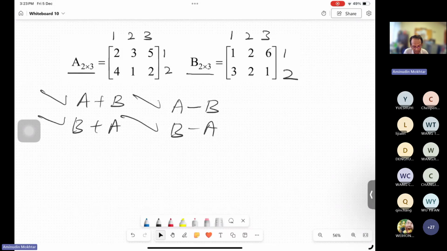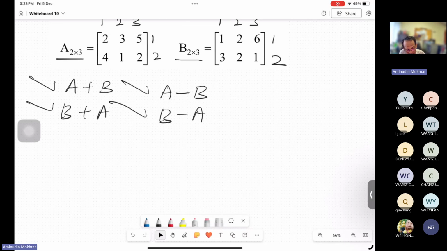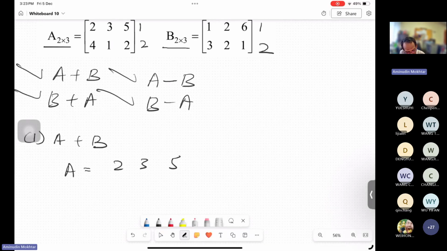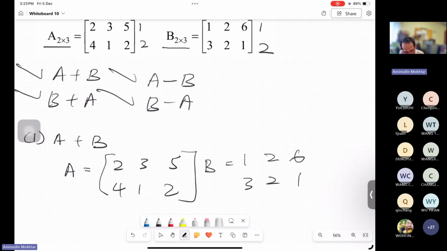Okay, let's say for example, how to calculate the first one, A plus B. Let's see what A is. Matrix A is 2, 3, 5, 4, 1, 2. Whereas matrix B equals 1, 2, 6, 3, 2, 1.